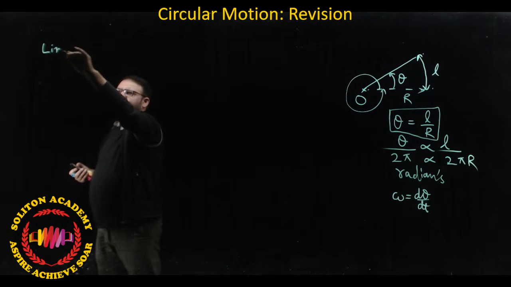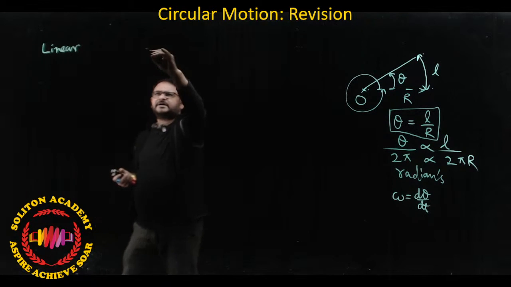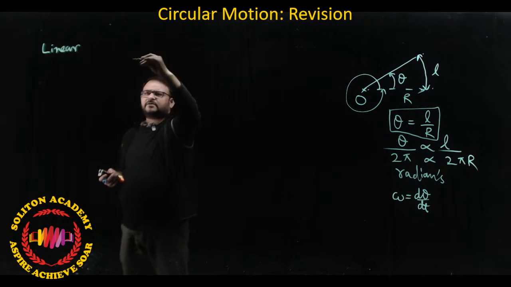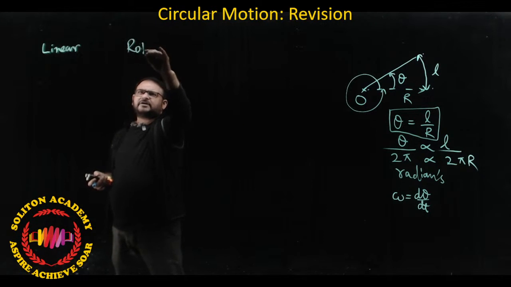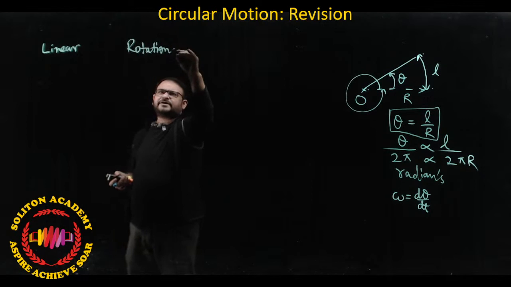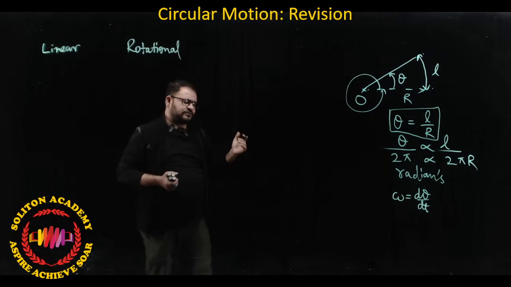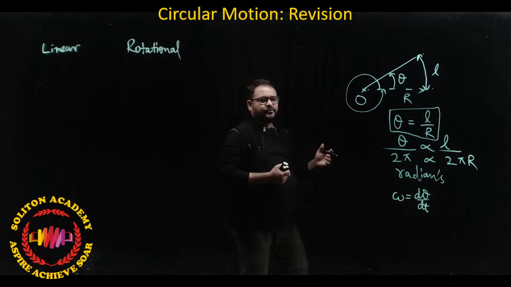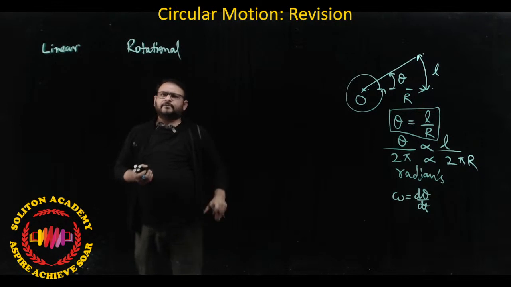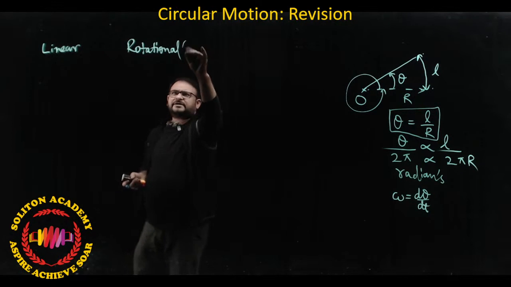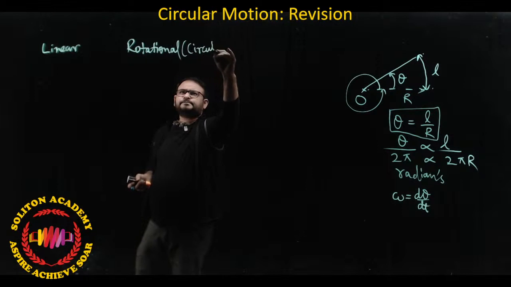You have linear physical quantities, and for the circular motion, we will say rotational. So this is actually the beginning of rotational, and I usually do circular motion after Newton's laws of motion.